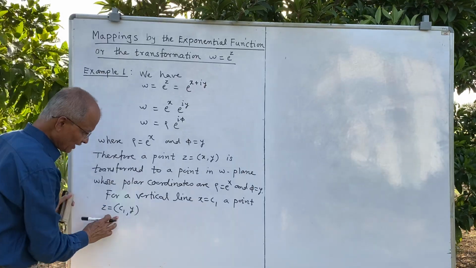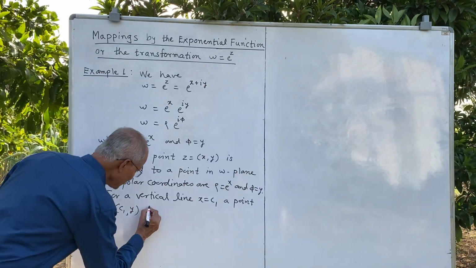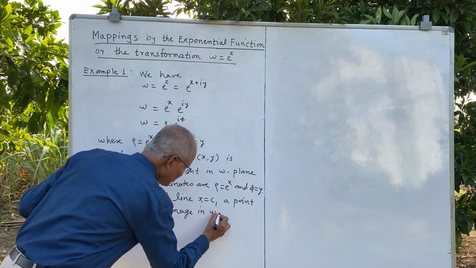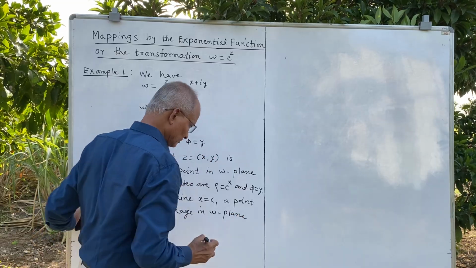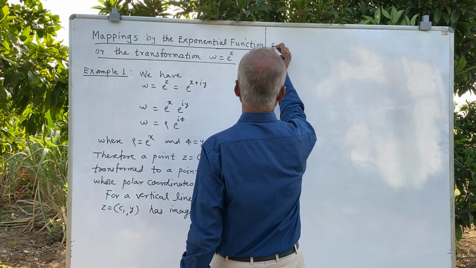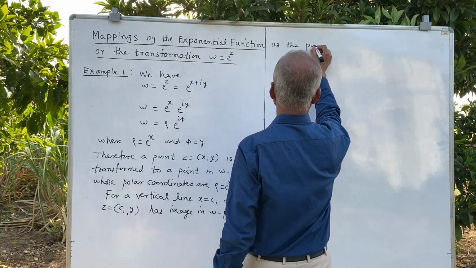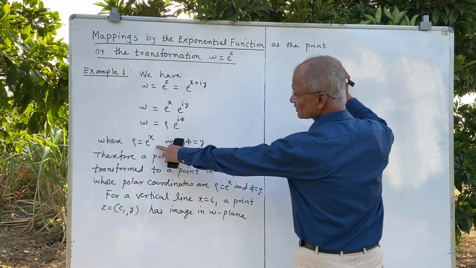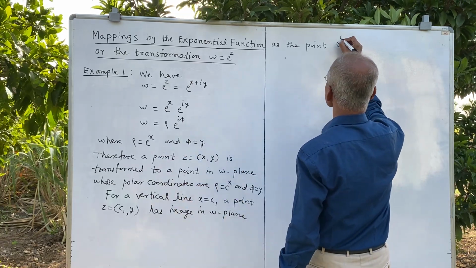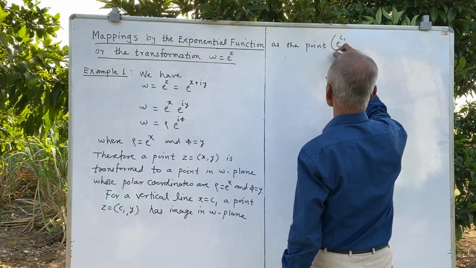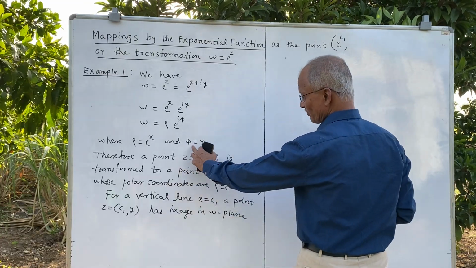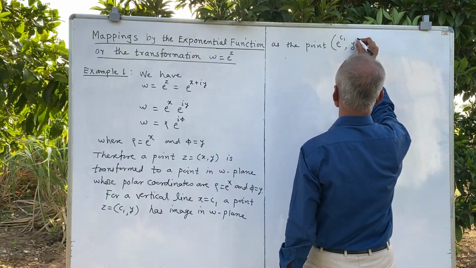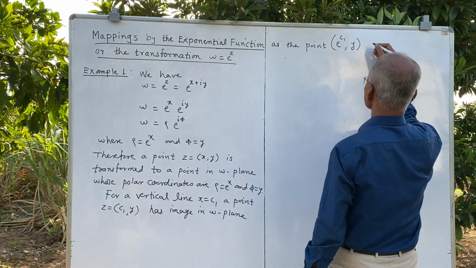Now see, its x coordinate is c1, y coordinate varies, and it has an image in w plane as the point e power c1, with phi equal to the same y, as the point in polar form.